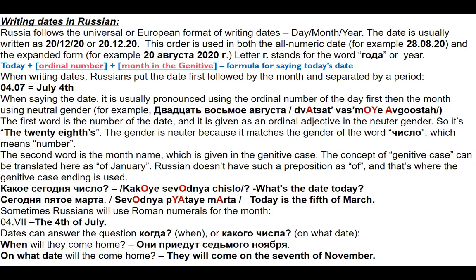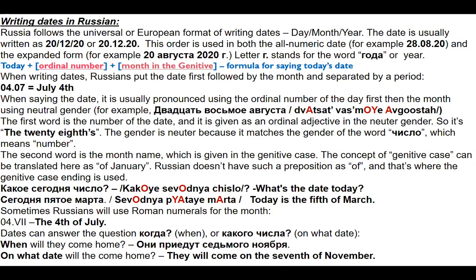The first word is the number of the date, given as an ordinal adjective in the neutral gender. So it's 28th. Сегодня 28 августа. The gender is neuter because it matches the gender of the word число, which is neuter. Число means number. The second word is the month name, which is given in the genitive case.